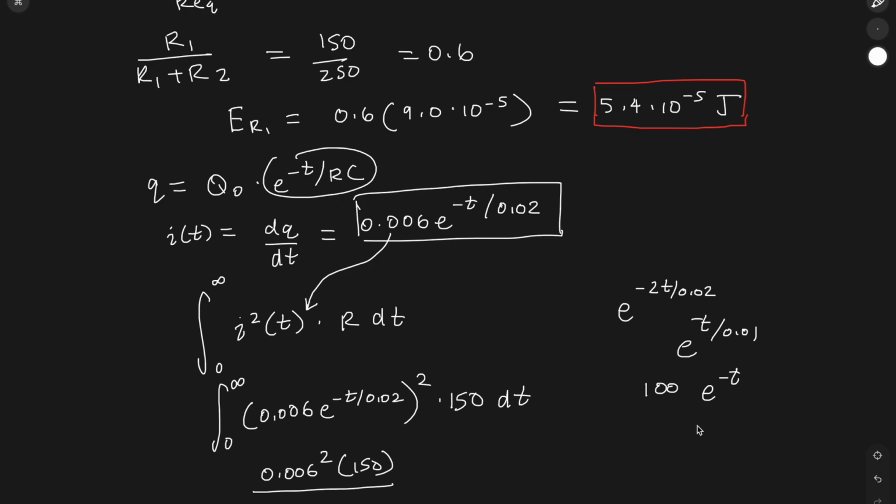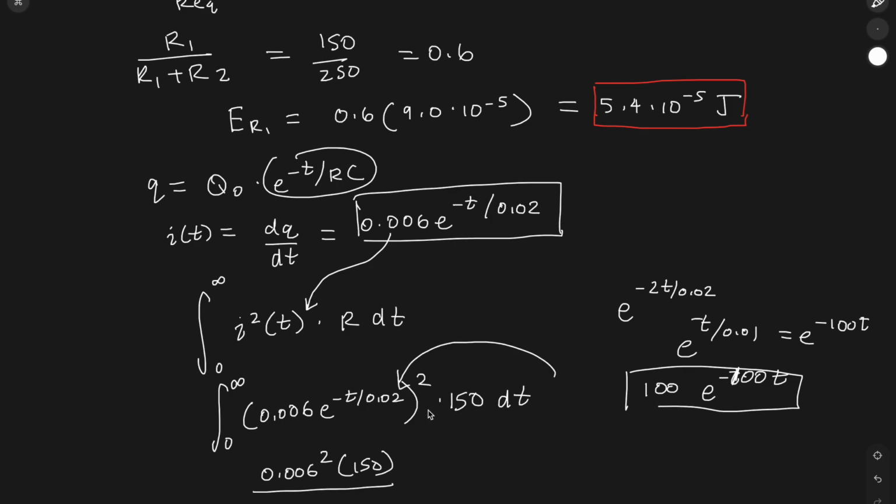So just use the reverse of the chain rule to reason this out. So 100 e to the negative 100 t, because t divided by 0.01 is, of course, 100t. Once we get that, this is the antiderivative for that part of the expression.